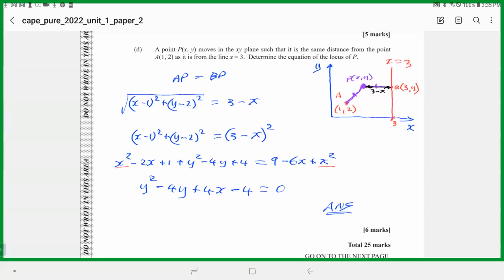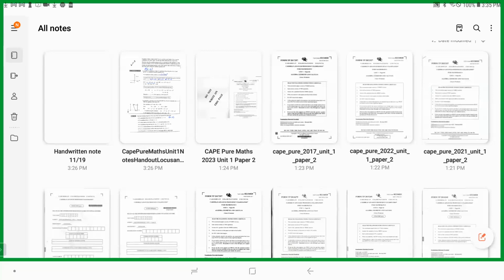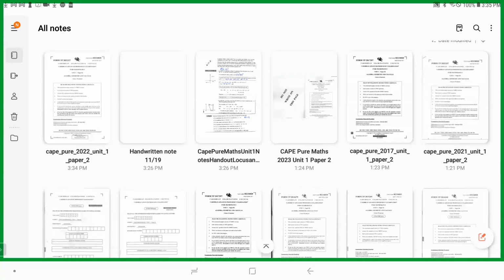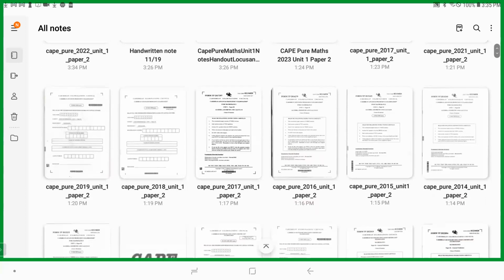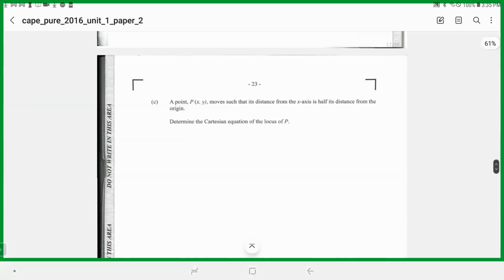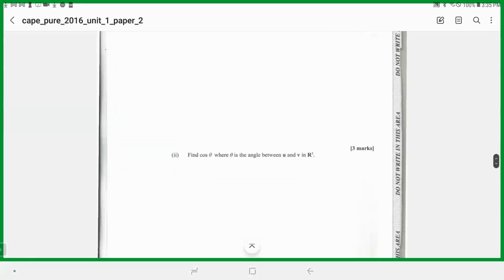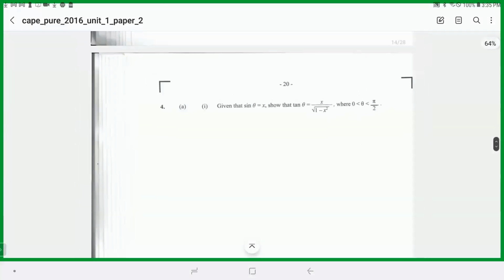Let's see, 2016. Alright, so locus question again. 2016 paper, number 4, the last part of question 4.